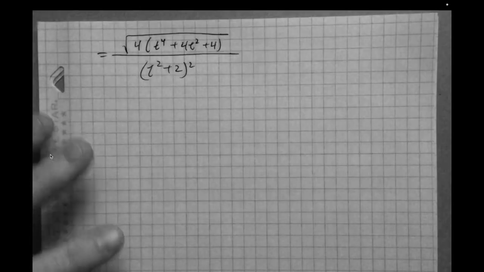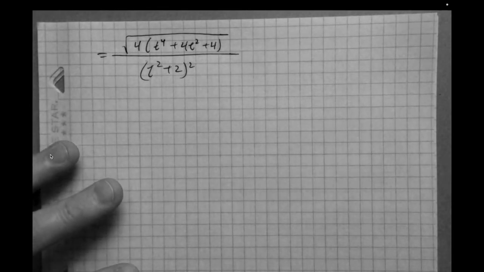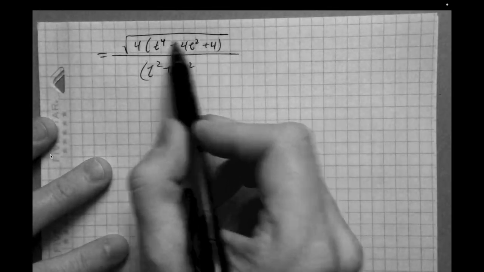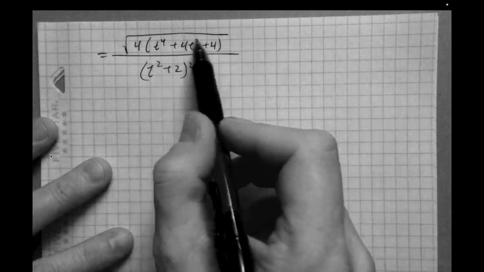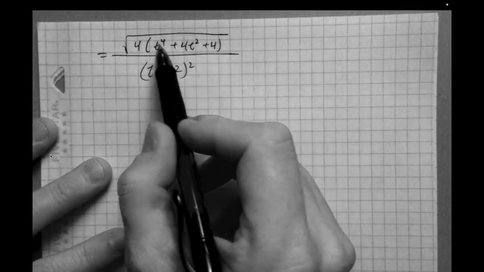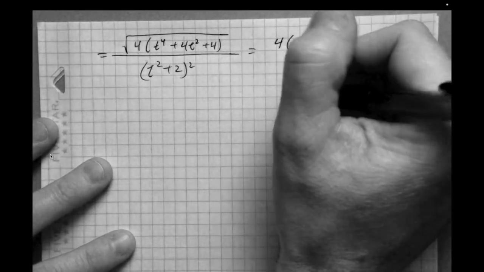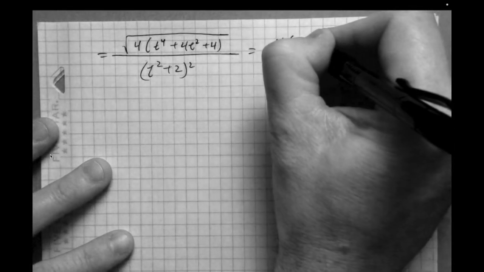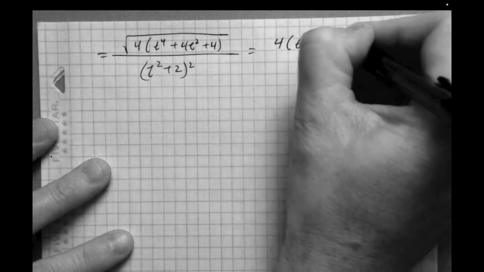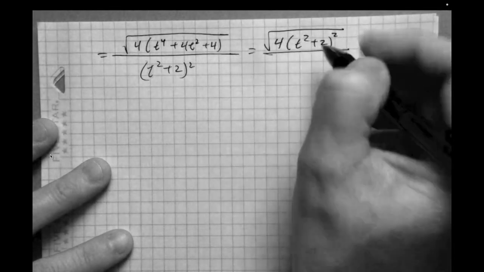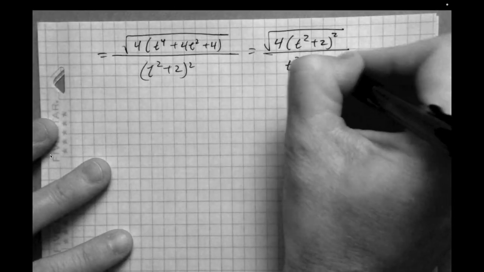And so what can I do with this? Well, this is 4 times, what is it, (t squared plus 2) squared? Yes. Convenient. Yep, that's right.